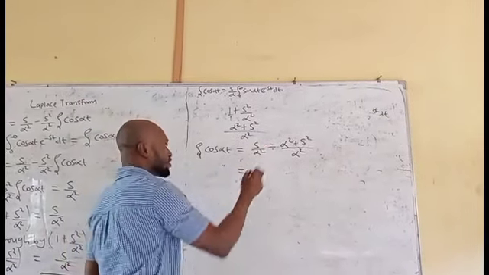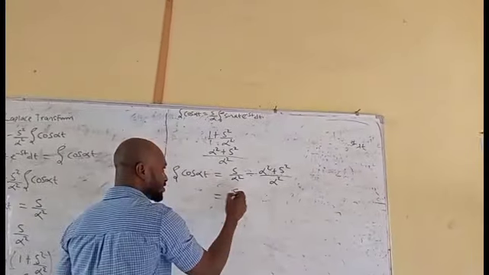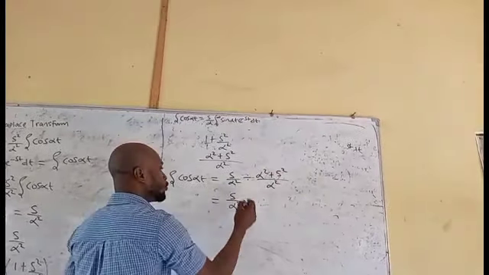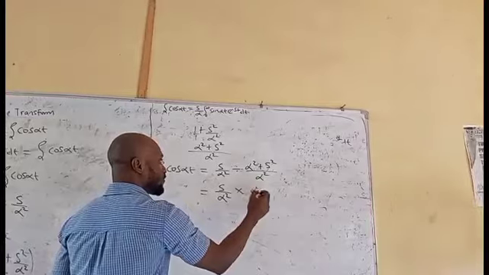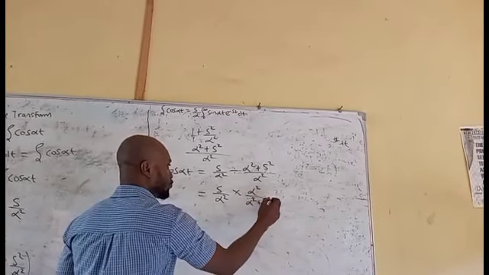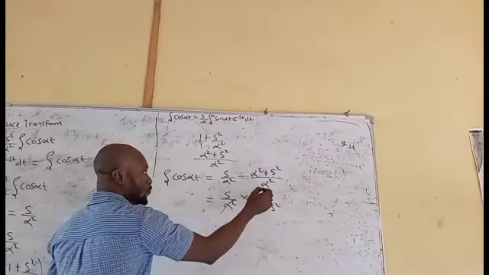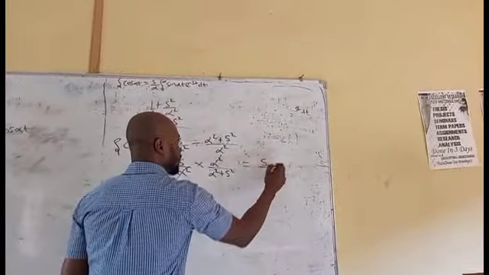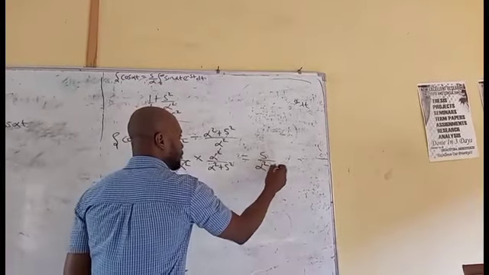So you have s over alpha squared; this one will go up, this one will come down. So you now have times alpha squared all over alpha squared plus s squared. This alpha squared, we cancel. So finally, we are going to have s over alpha squared plus s squared.